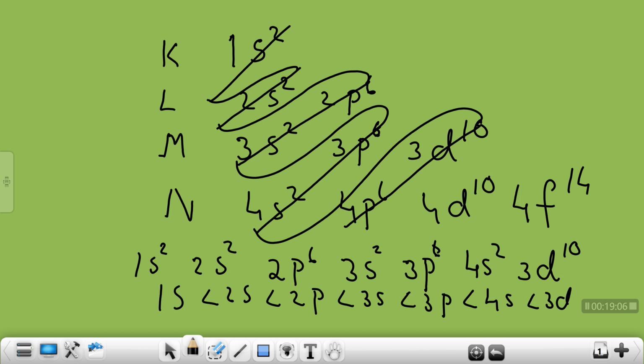The M shell contains 3 subshells, s, p, d. And last, N contains 4 subshells, s, p, d, and f. Maximum number of electrons in the s subshell is 2, p subshell is 6, d subshell 10, and f subshell 14. So electrons fill in the increasing order of energy, and the number of subshells depends upon the number of the shell.